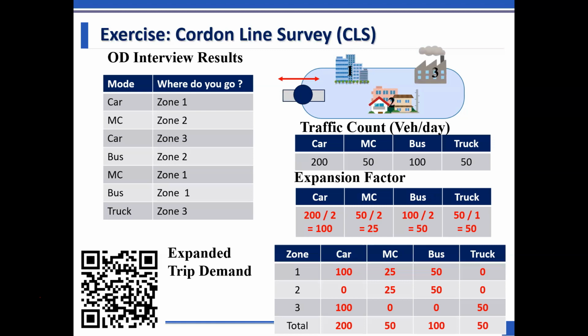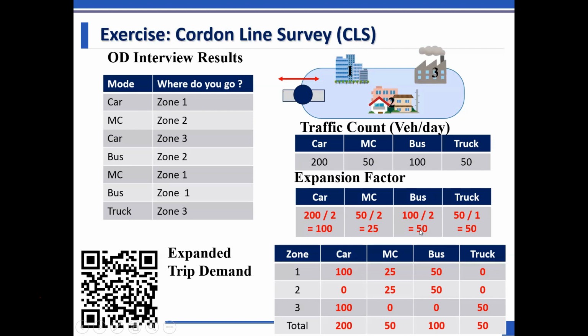But please understand that such high expansion factors must be avoided, because a high expansion factor means a high bias, you know. Yes. So 50 is the so-called minimum necessary to be achieved.